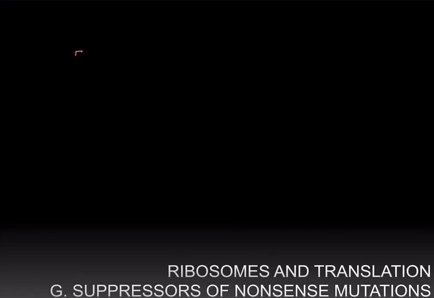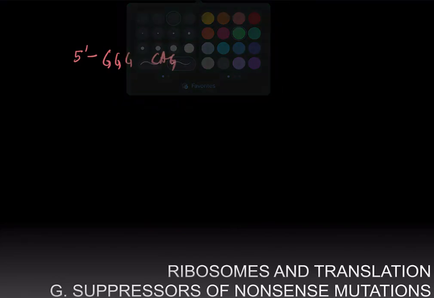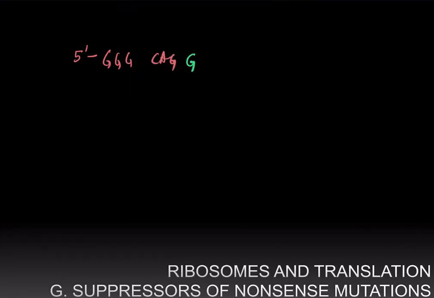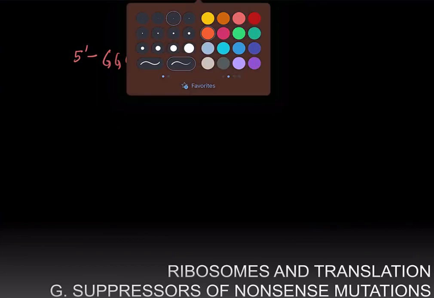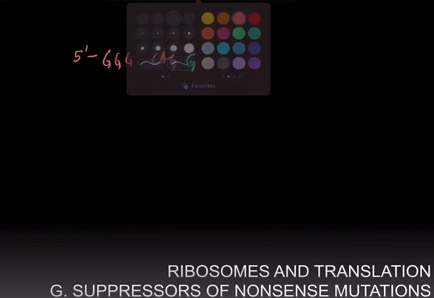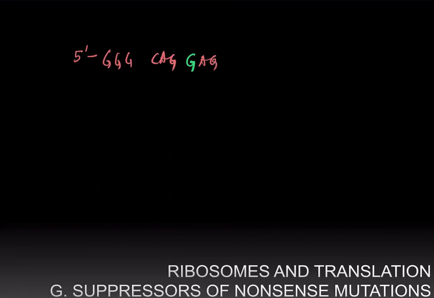So let's say I have an mRNA with some sequence GGG, CAG, G, AG, AAG, and 3'.